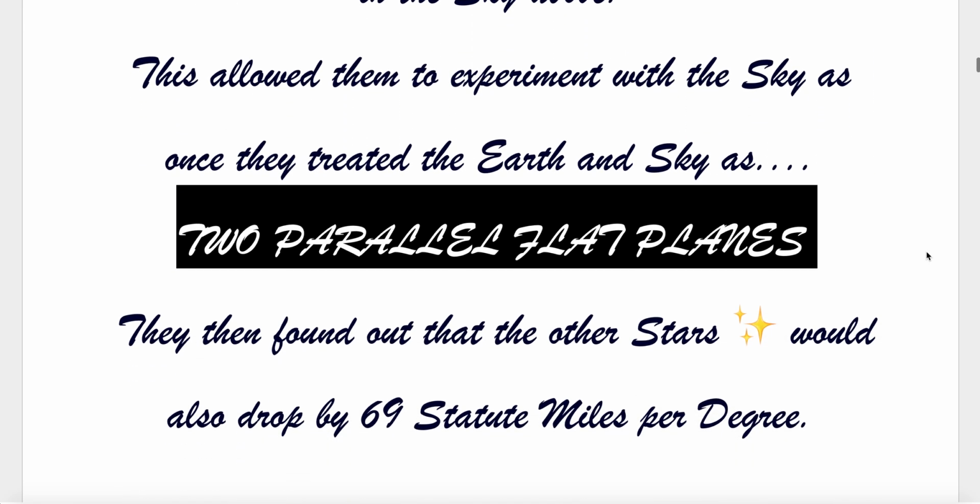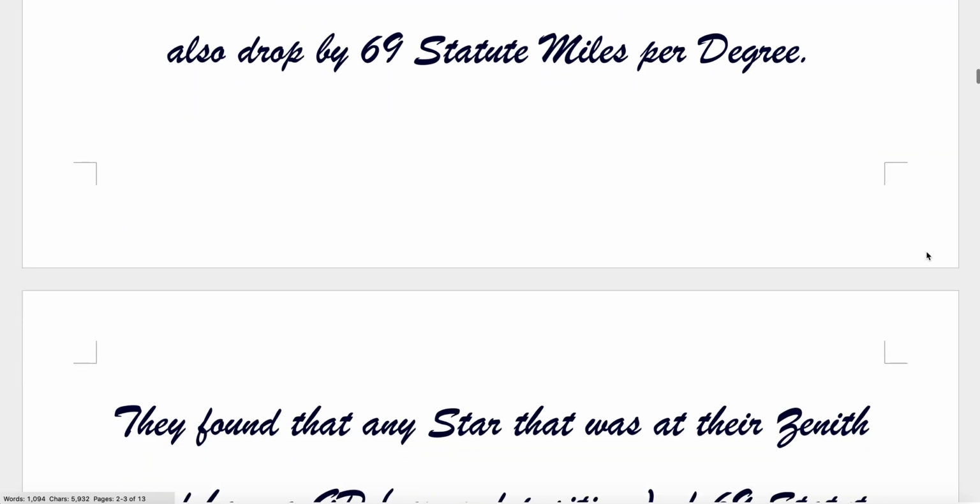This allowed them to experiment with the sky, as once they treated the Earth and sky as two parallel flat planes, they then found out that the other stars would also drop by 69 statute miles per degree.